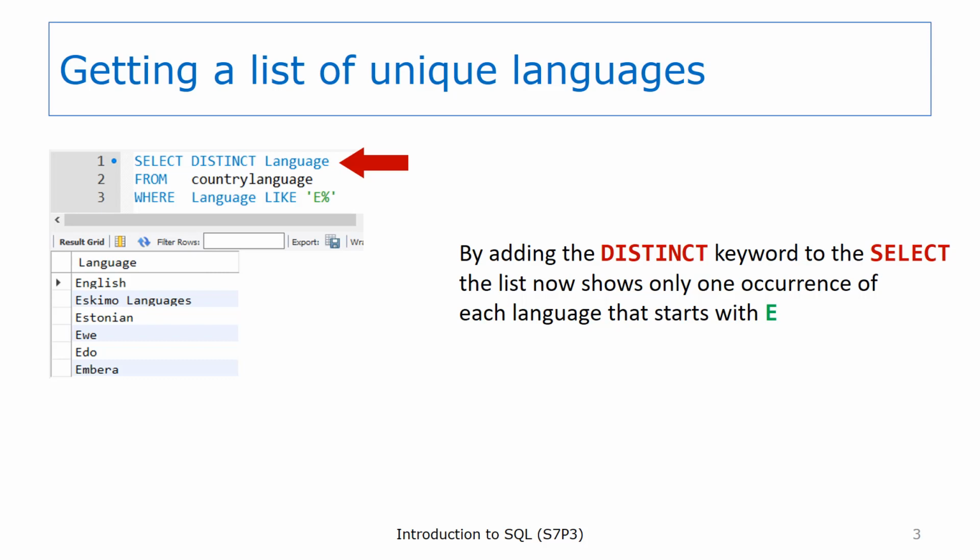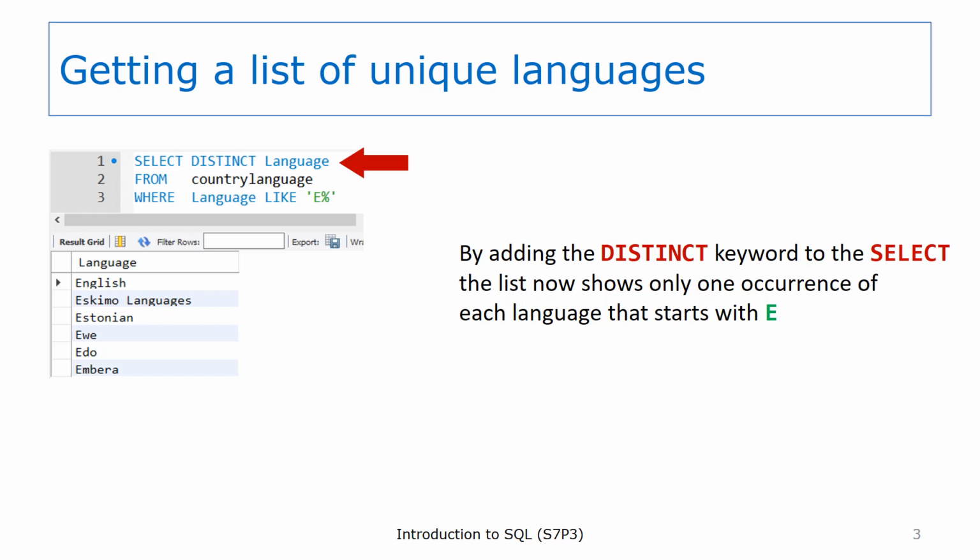For now, look at this select statement and the results. This select is the same as on the previous slide with the addition of the distinct keyword. We are still selecting from the country language table, and we are still selecting for languages that start with the letter E. But notice what happens when you add distinct.